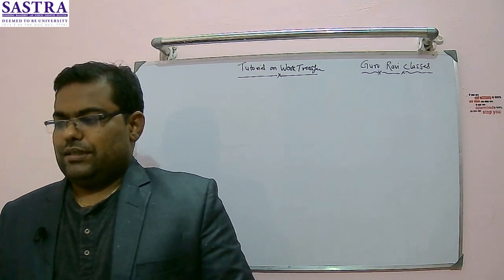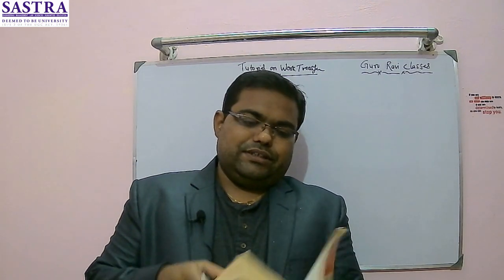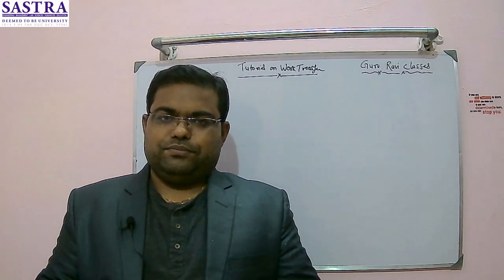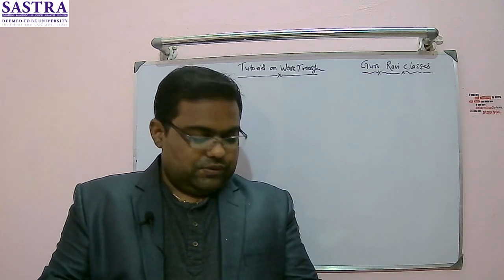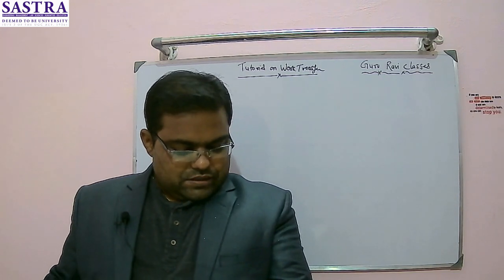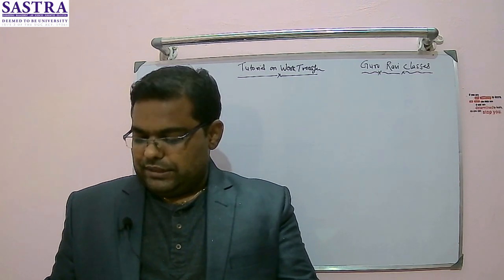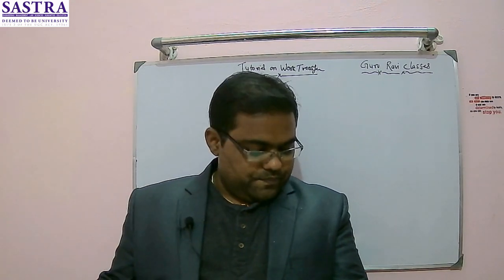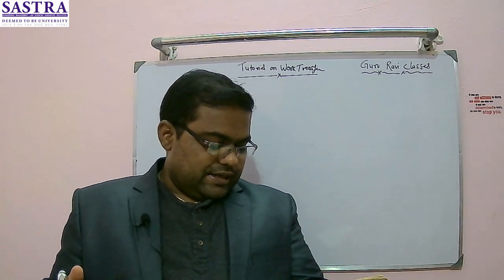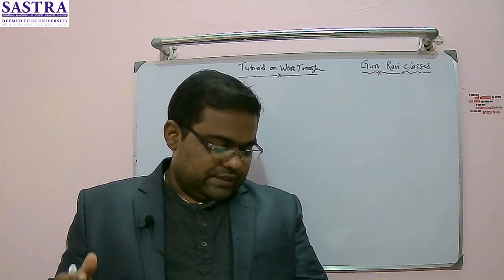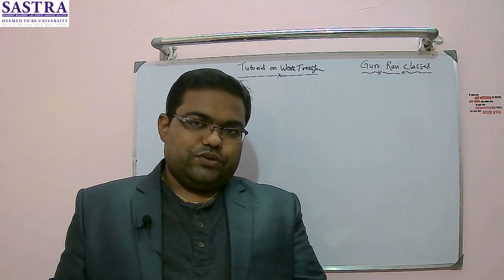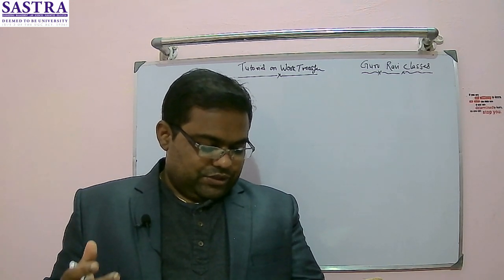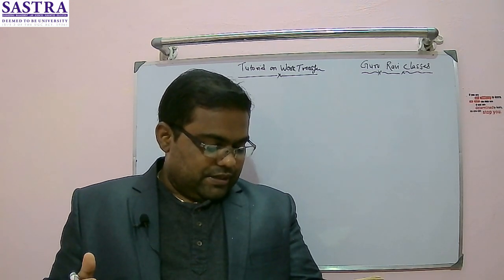This book is PK Nag, Engineering Thermodynamics, and I am solving the unsolved numerical problem from this. This is problem number 3.3. I will dictate it here and you can note it down. An engine cylinder has a piston of area 0.12 square meter and contains gas at a pressure of 1.5 megapascal.